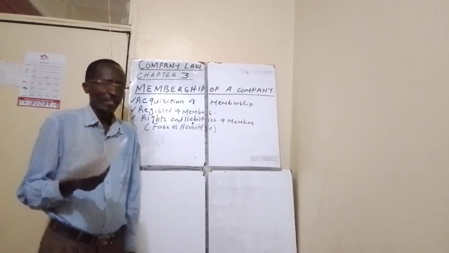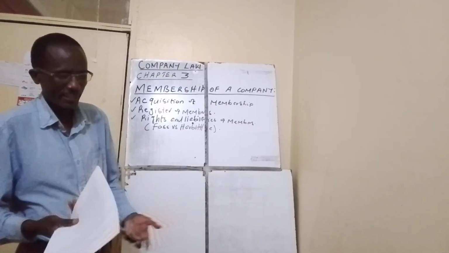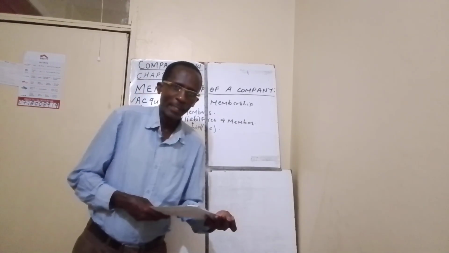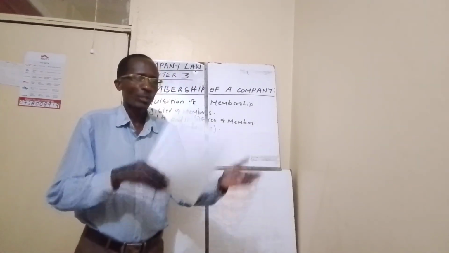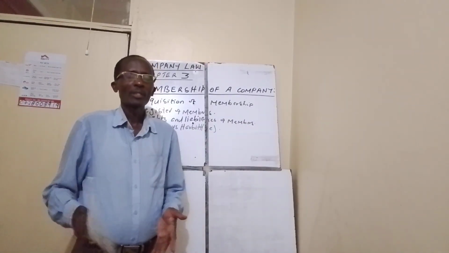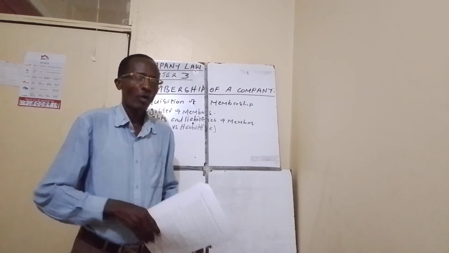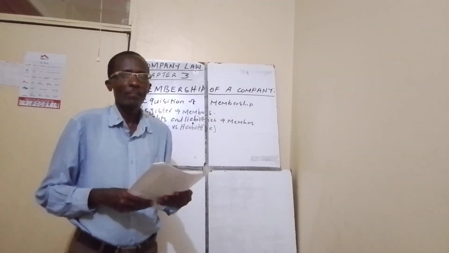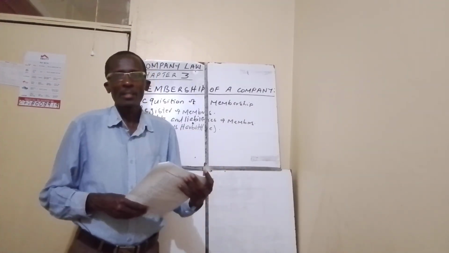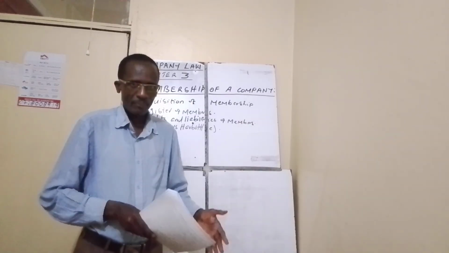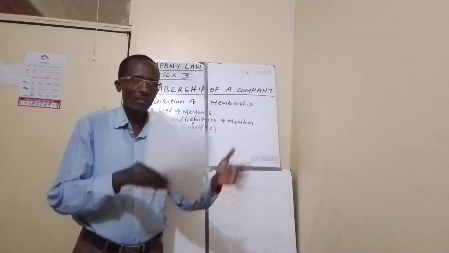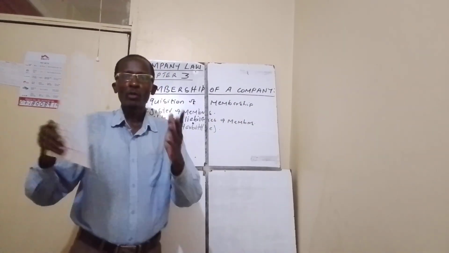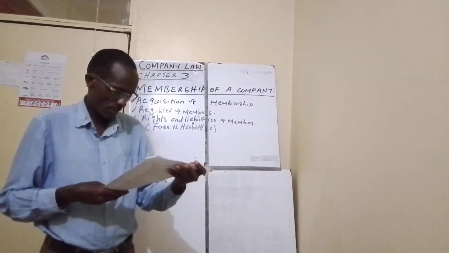They are not only these, there are other rights, so many in number. But you can classify them as either individual rights or corporate rights. Go and find out, and analyze a list of individual members' rights and corporate members' rights.